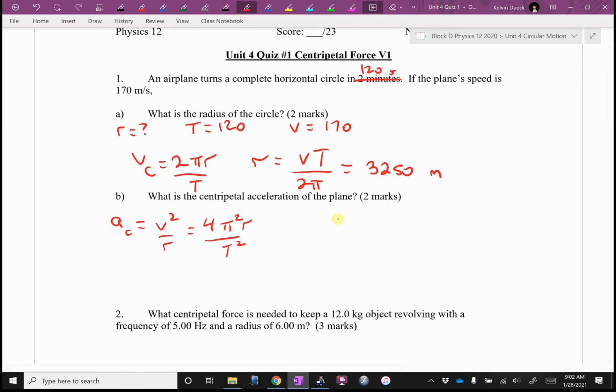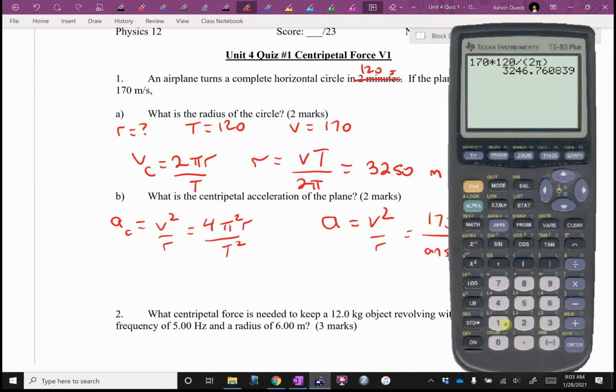Yeah, I went with 170 squared over, and then I just used my answer button. If you got A wrong, but you went 170 squared divided by your answer from A, I would give you full marks for part B. 170 squared divided by answer button. 8.9.